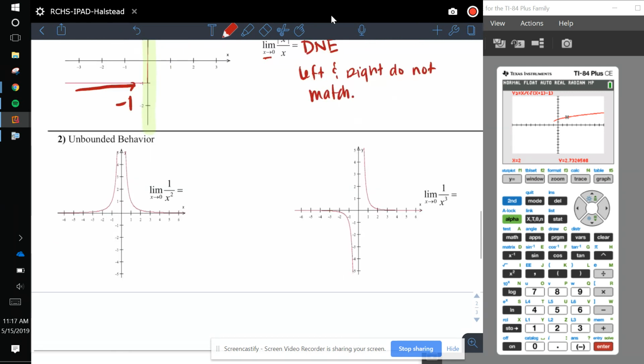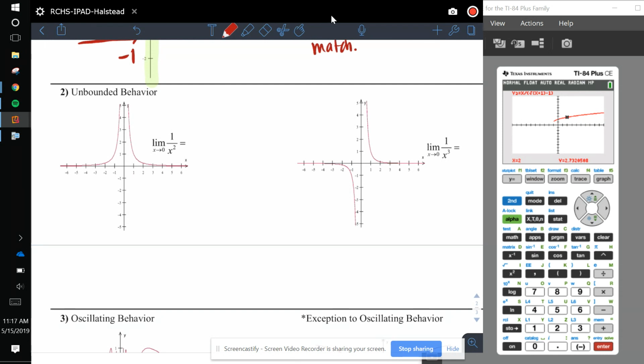Next, here's another example of when the limit does not exist: when the limit is unbounded. A limit has to go to a finite number. So when it goes to infinity, guess what? No existy. When x goes to 0, on the left the graph is going towards infinity, and on the right it's going up, so it's going towards infinity.